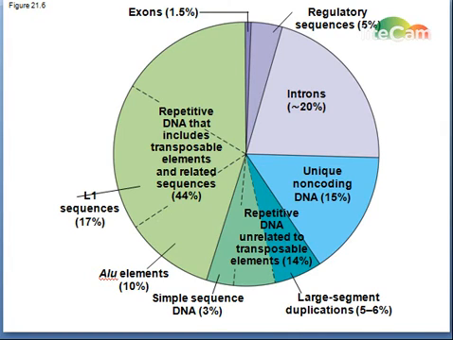So the remaining 98.5% is not making proteins. So what is it doing? What they found is that about 25% of it is coding for introns and gene-related regulatory sequences. As we know, the expression of a gene is controlled by different regulatory proteins, and those are part of this 25% of the human genome.